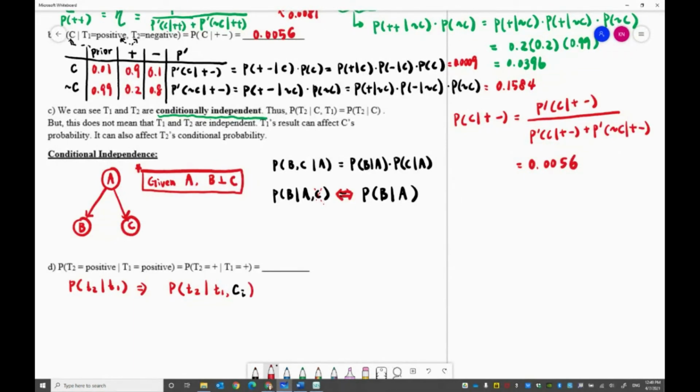But actually, I cannot just add something for free. I have to pay the cost for this addition. So in this case, you're supposed to multiply by the probability of whatever you just added, given conditionally. When T1 happened, tester 1 is positive, what is the probability of Ci?